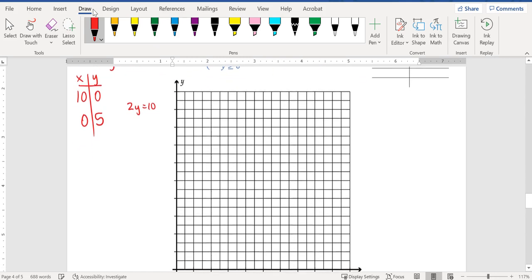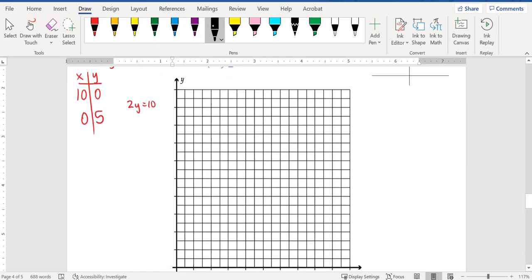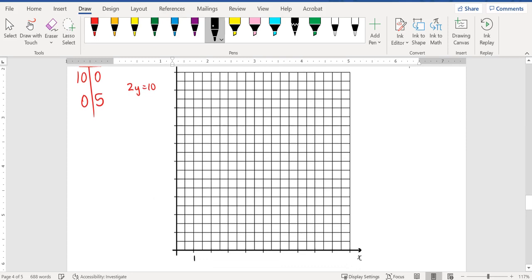I have the point 10, 0, and 0, 5. 1, 2, 3, 4, 5, 6, 7, 8, 9, 10. And 1, 2, 3, 4, 5. There's that boundary line.